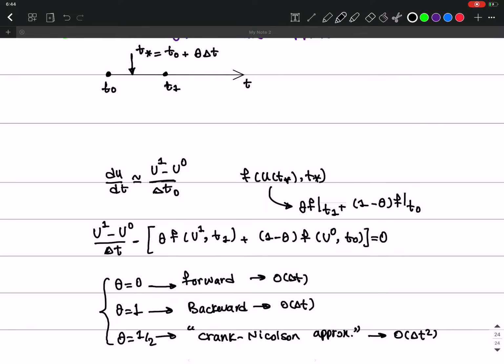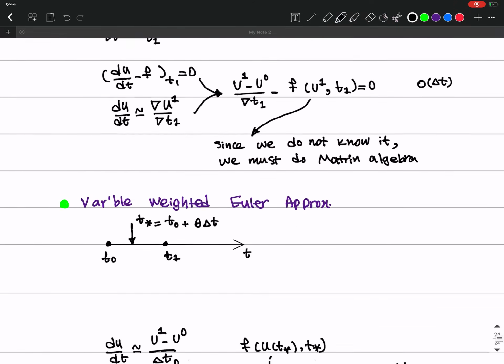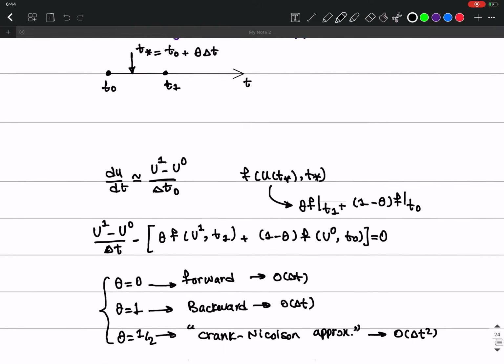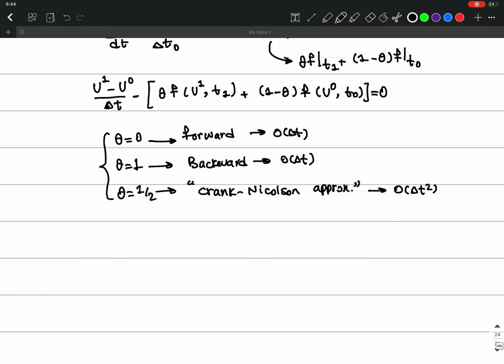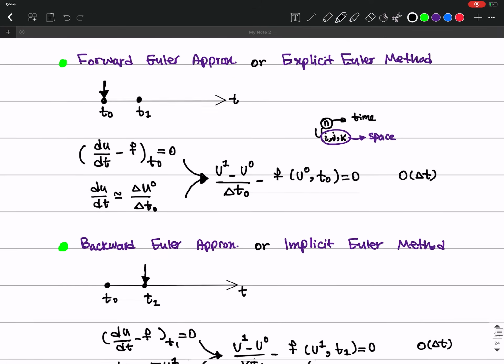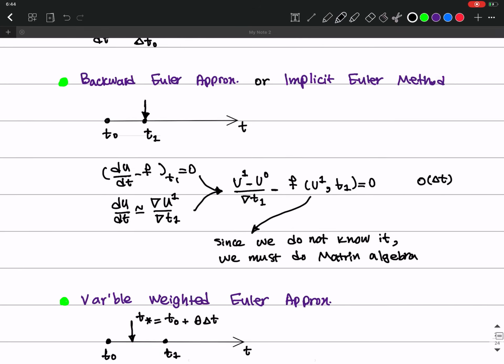Okay, so this is a variable weighted Euler approximation, which is essentially a combination of forward and backward Euler method. So the next thing I want to do is to look at the stability of these methods and see whether their solutions are gonna blow up in time or not.